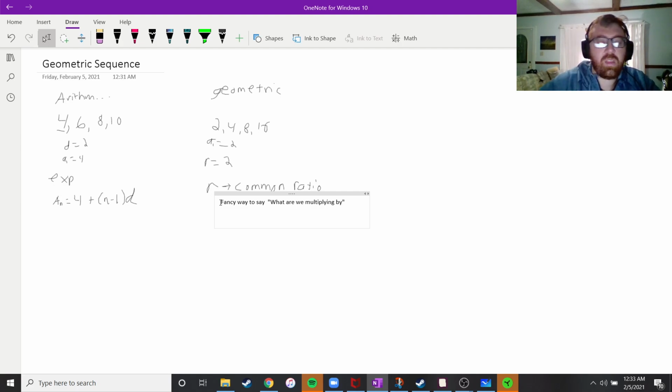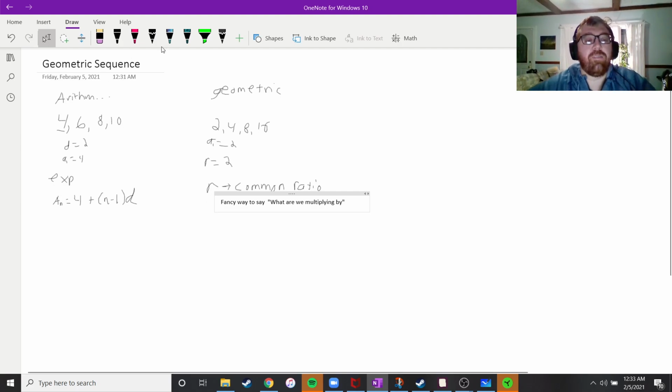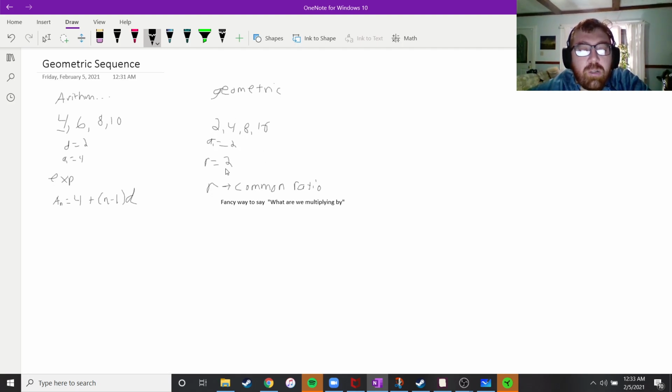If our common ratio is 2, that means we're multiplying each time by 2. If our common ratio was 1/2, this is the same thing as saying that we are dividing by 2. So if it looks like we are dividing by 2 each time, our common ratio is going to be 1/2.